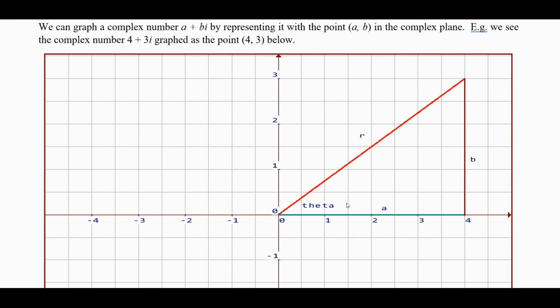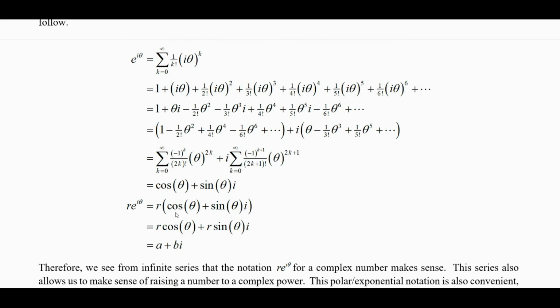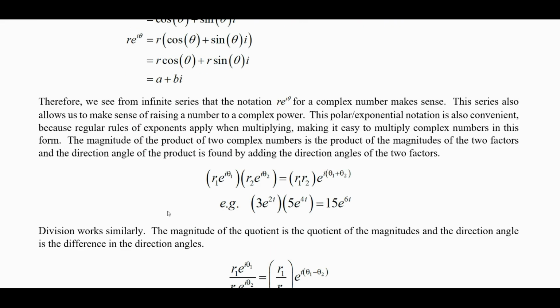So theta is this angle, and of course theta could be rotating around more than once, or rotating in the negative direction. But anyway, theta is any real number. So this has physical meaning on the graph, just like the a plus bi has a horizontal and vertical change from the origin on the graph too.